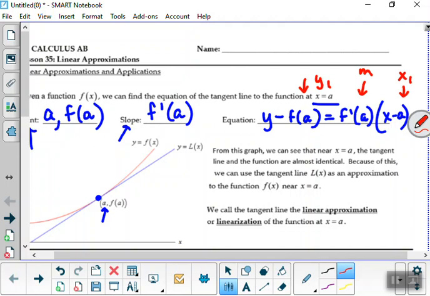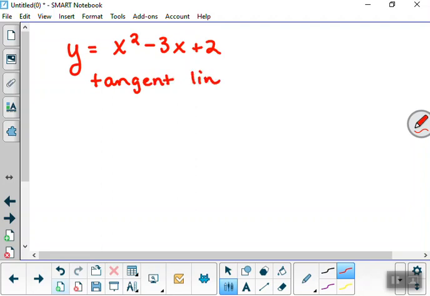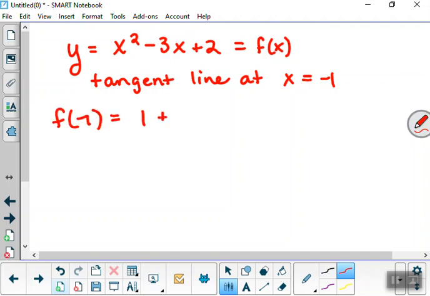Now, if you need to look at that in a little bit more concrete form, let's say the function was x squared minus 3x plus 2, and I wanted the tangent line at x equals negative 1. Well, first of all, I don't say this is y, or f of x. F of negative 1 would be 1 plus 3 plus 2, that would be 6.